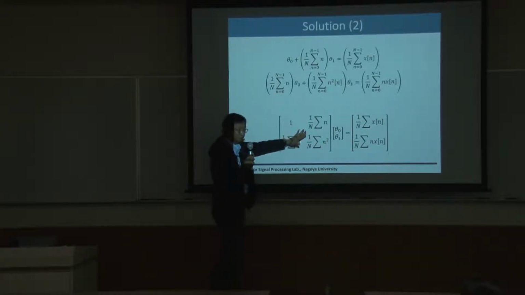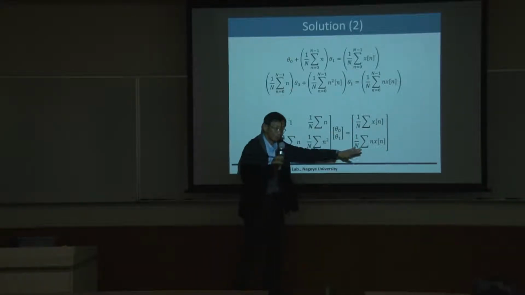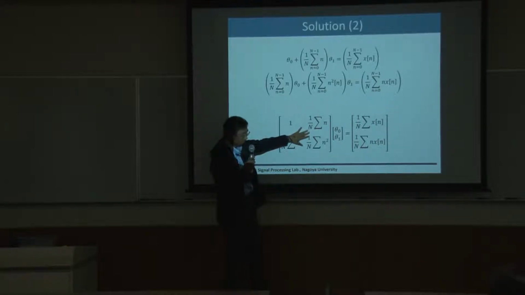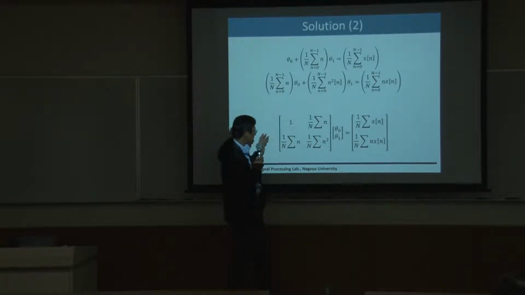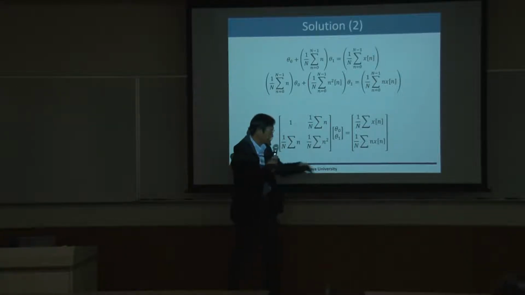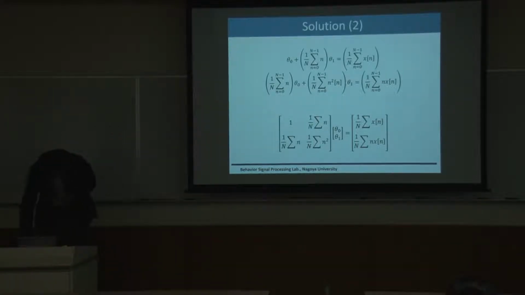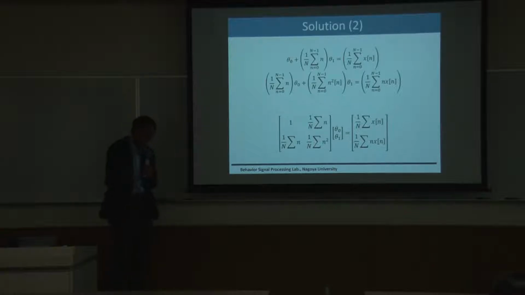And once you get this formula, you can easily solve it. That is very easy. You can calculate the inverse matrix of this and multiply that matrix from the left-hand side to both sides of the equation. I think you are very lucky because this is quite easy in terms of MATLAB or Python calculation.